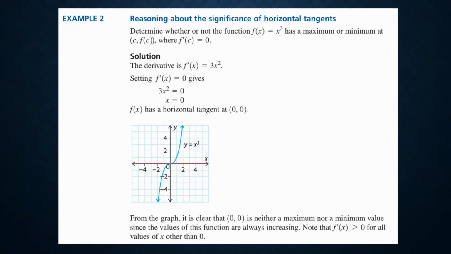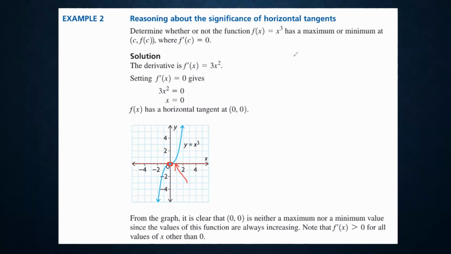So you have to determine whether the function has a maximum or minimum at this point, at this critical point when the derivative equals 0. And we already showed that there is such a point where x equals 0, right? Right here, x equals 0, guys. Do you see it?